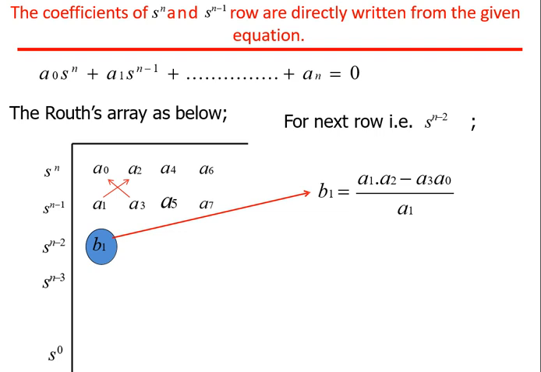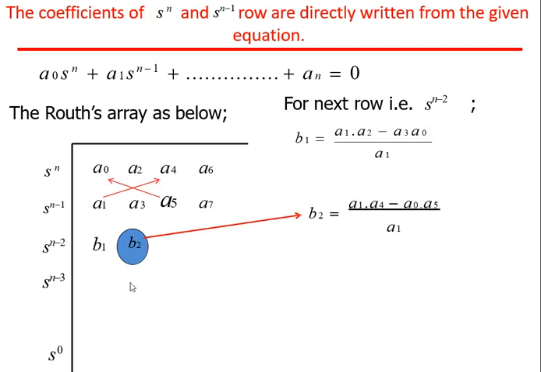Again, what we have to do for b2, let's see. See carefully, we again take the first coefficients of these two rows into consideration. But here we take a1 into a4, minus a0 into a5, divided by a1 again.